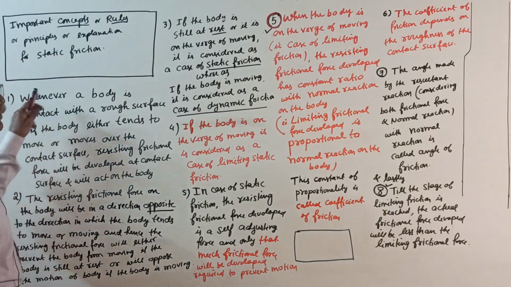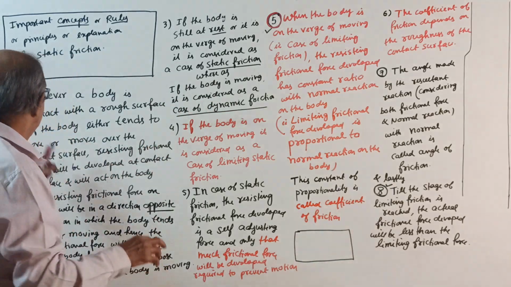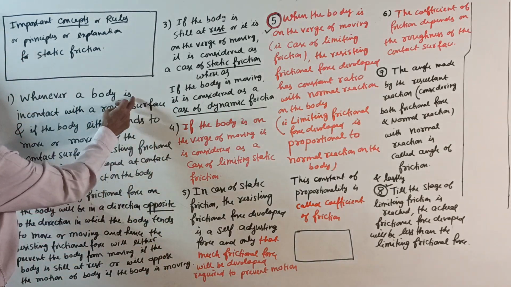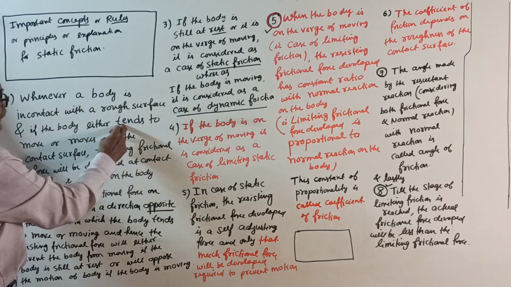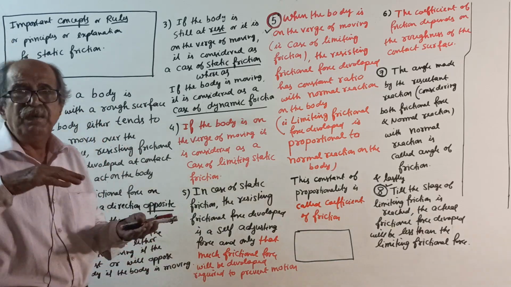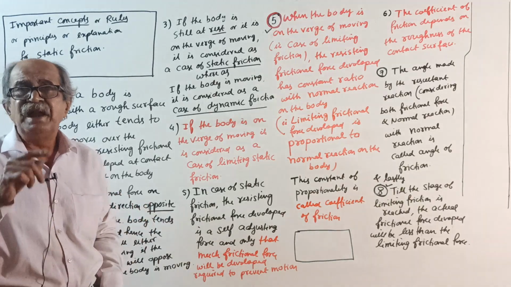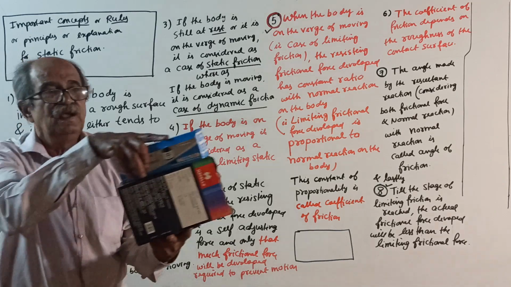Everything has been told to you so far, but this is a brief summary. Whenever a body is in contact with a rough surface, and the body either tends to move or moves, sometimes it may not move, but the tendency is there to move. For example, I will apply a force.